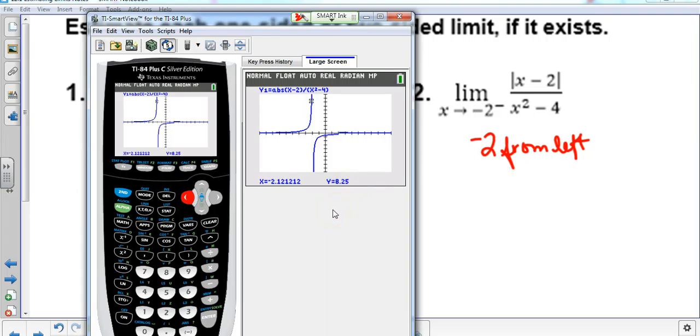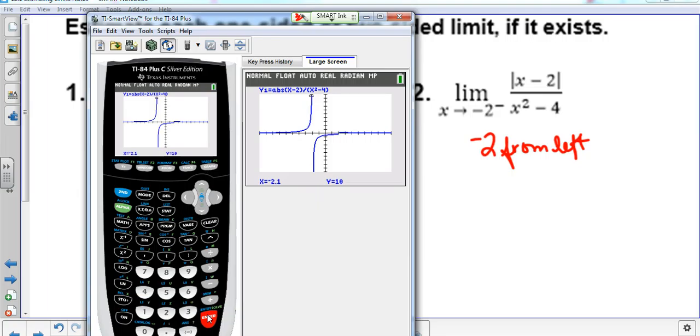What are values close to -2 on the left? Just to the left of negative 2. Okay, negative 3. Well, at negative 3, it's at 1. How do you get closer to negative 2? Negative 2.1.